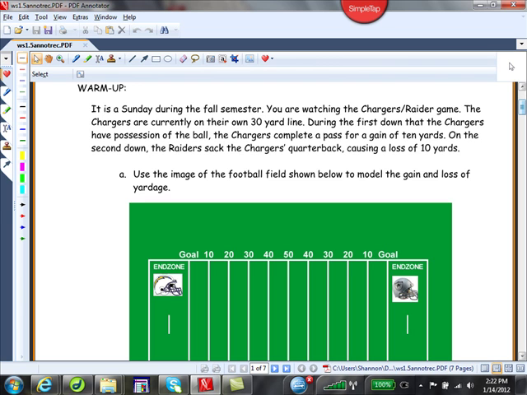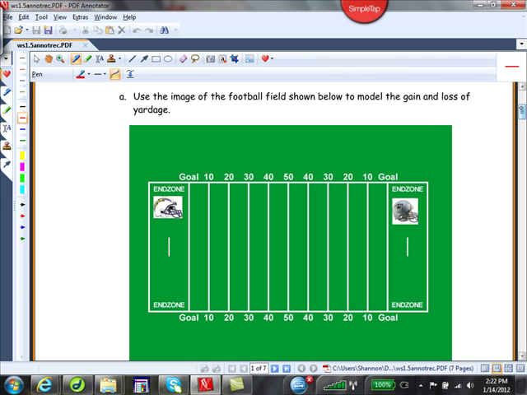So what we want to do is use the image of the football field to model the gain and loss of yardage. So if we put a marker where the ball starts, this is the 30-yard line for the Chargers, and then we can model this by saying, okay, we went 10 yards, and then the end position was here.